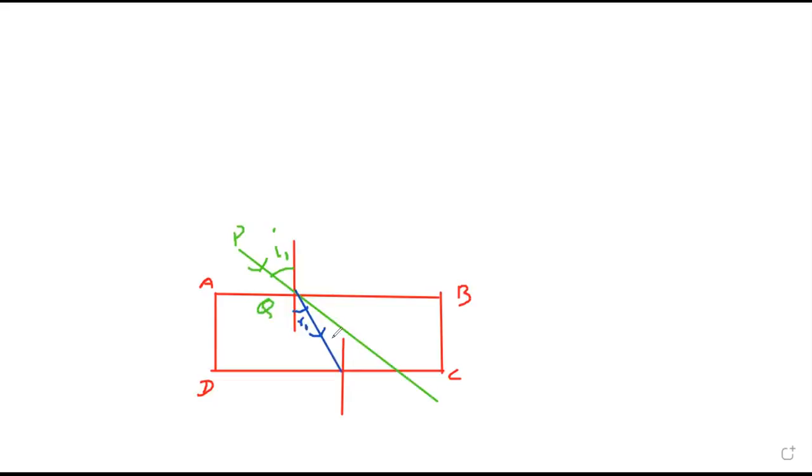These two lines are parallel, so these two angles are actually the same, R1, R1. Then light will undergo refraction and it will be parallel to this one. So this you can call R2, and this is the angle of incidence I2, equal to R1.